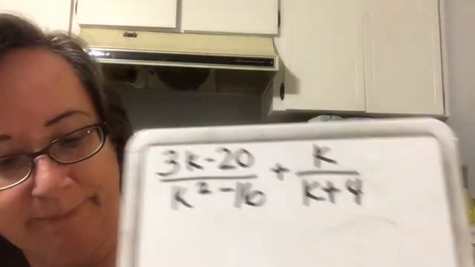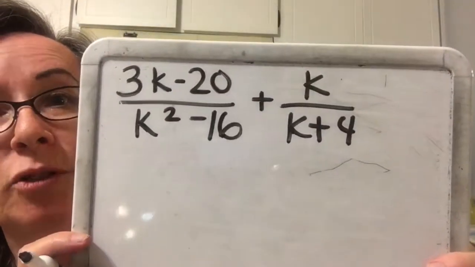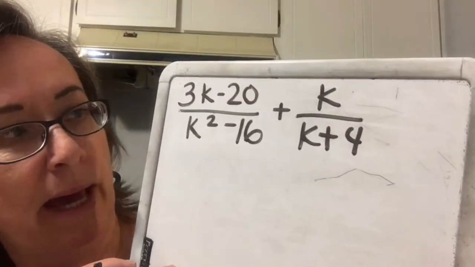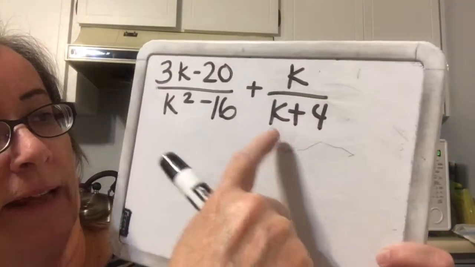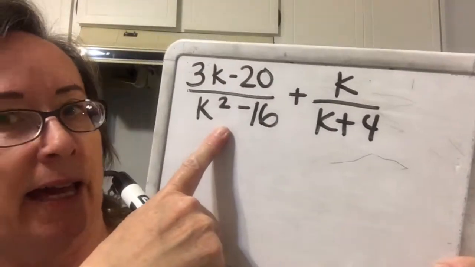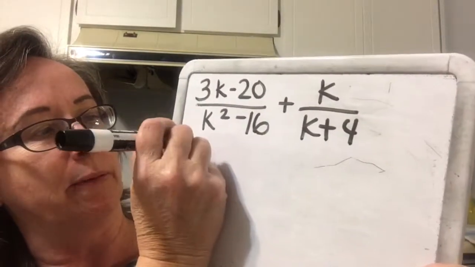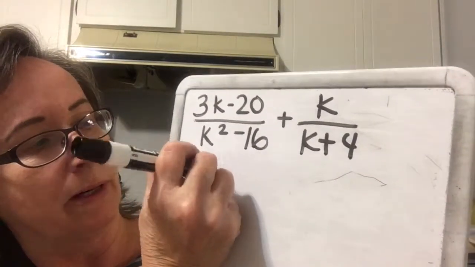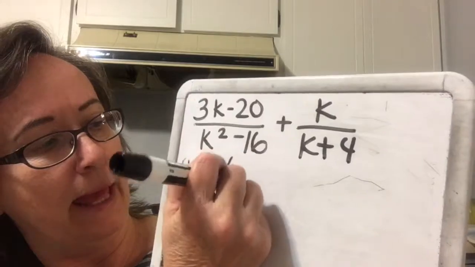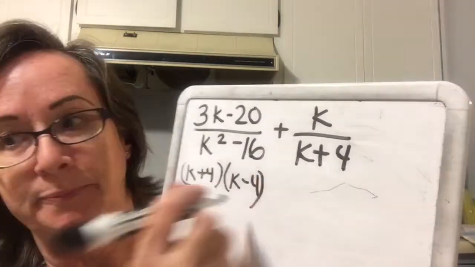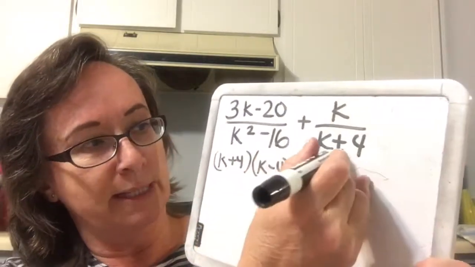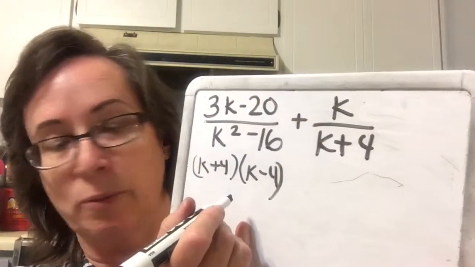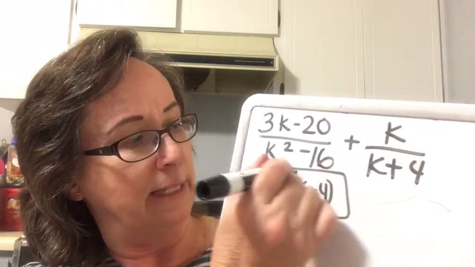So the next one, okay, we have 2 different denominators, but if you're looking, k plus 4 is inside this one, because when we factor this one, we get k plus 4, k minus 4, and so since this one fits into the other one, this one is my LCD.